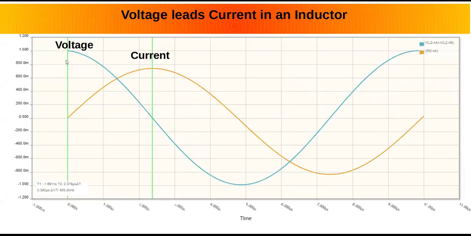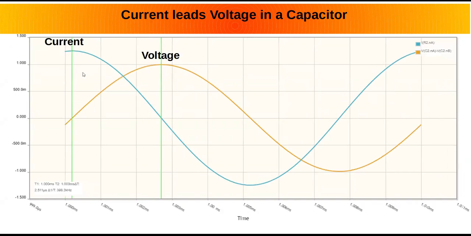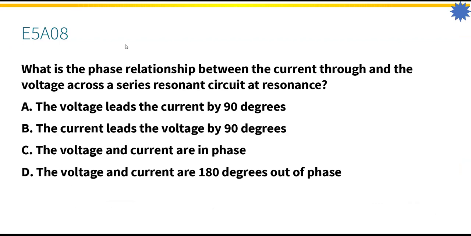This is showing ELI, voltage leading the current. This is ICEman, current's leading the voltage. So what's the phase relationship between the current through and the voltage across a series resonant circuit at resonance?